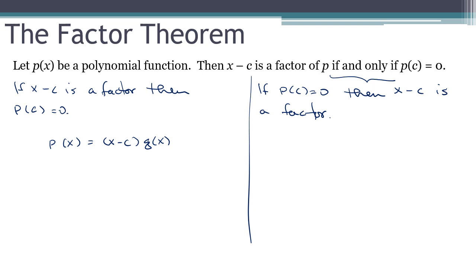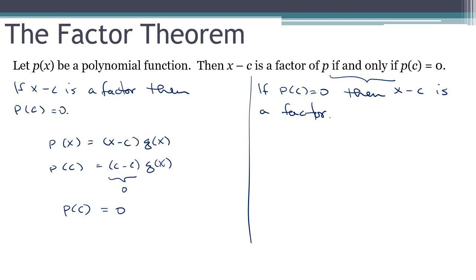There is no remainder, if a polynomial is a factor. Now just evaluate this at c. P of c equals c minus c times q, but c minus c is 0, which means this whole thing is 0, and that's what I needed to show. P of c is equal to 0.